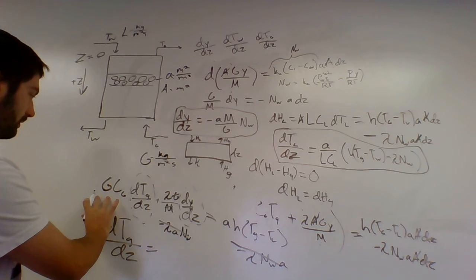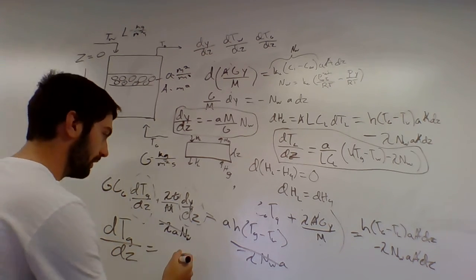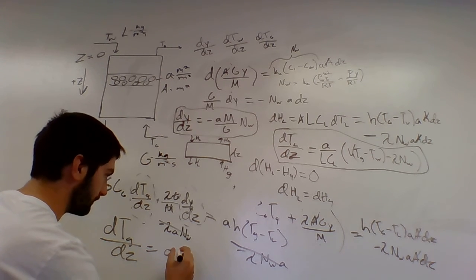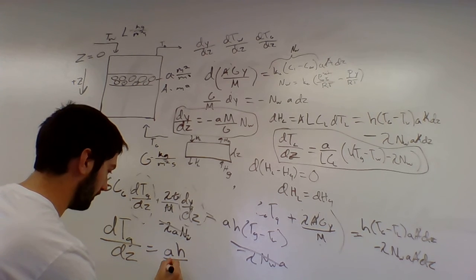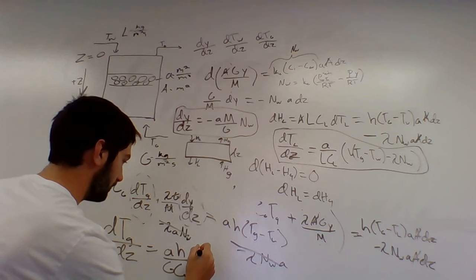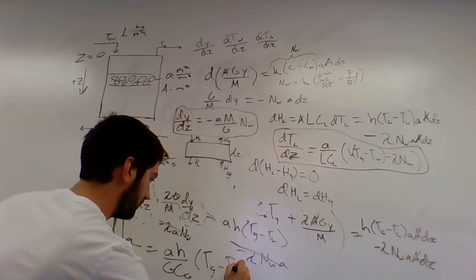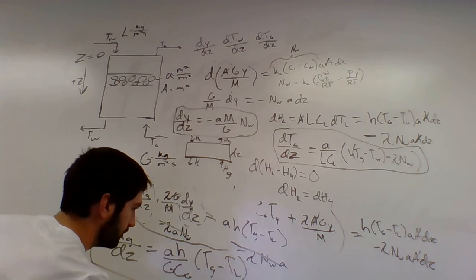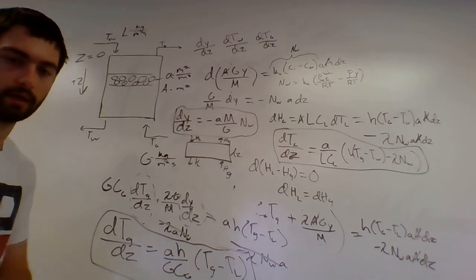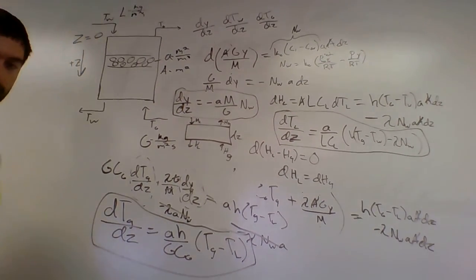So now we move the gas flow rate and the specific heat of the gas to the right side, and we have the specific area times the heat transfer coefficient over gas flow rate times the specific heat of the gas times this temperature difference. And that is our third differential. I don't know if the video caught that bottom, but that is what the third differential looks like right there.